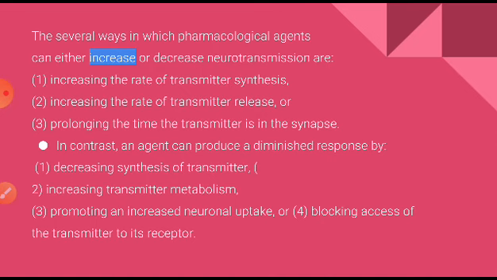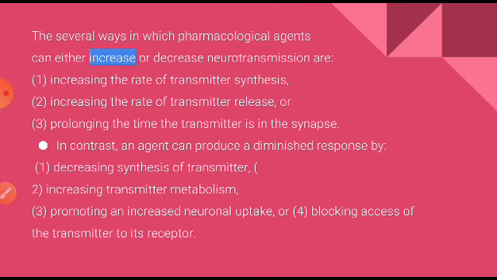First, we'll see how the drugs act by increasing the neurotransmission. Number one, increasing the rate of transmitter synthesis. As I told you in the beginning, they are changing the rate of transmitter synthesis, so here they are increasing it. Increasing the rate of transmitter release. In the same way, the release of transmitter also increases.